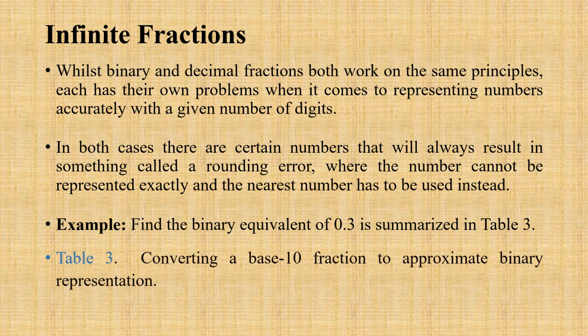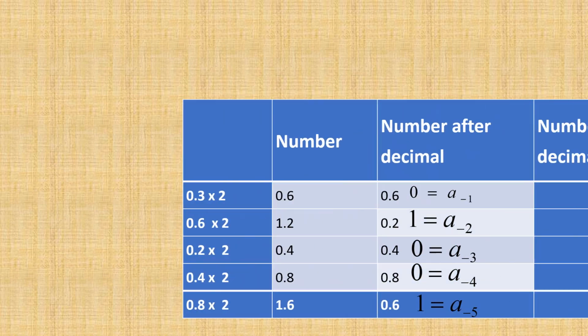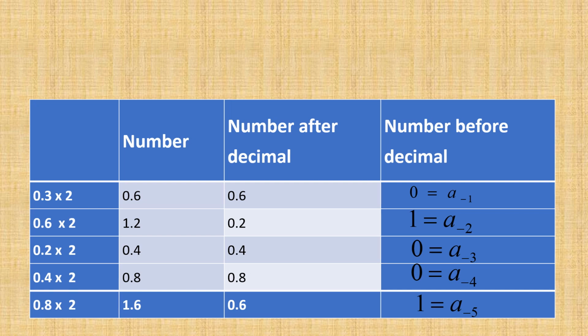Table 3. Converting a base 10 fraction to approximate binary representation. Number. Number after decimal. Number before decimal. 0.3 times 2 equals 0.6. Here the number after decimal is 0.6, the number before decimal point is 0, which will be recorded as A_-1. 0.6 times 2 equals 1.2.